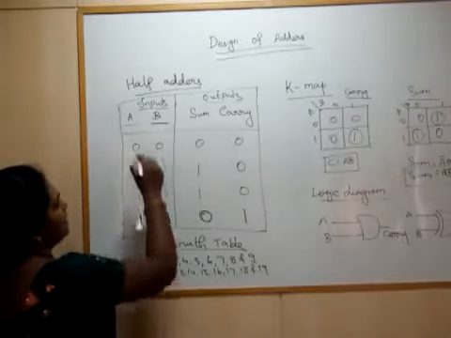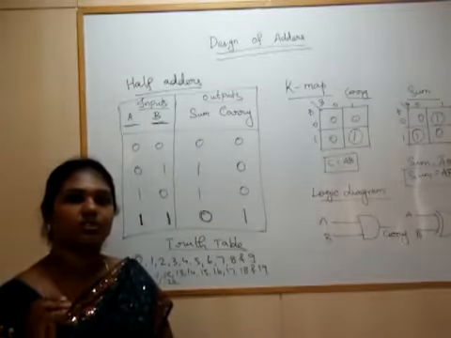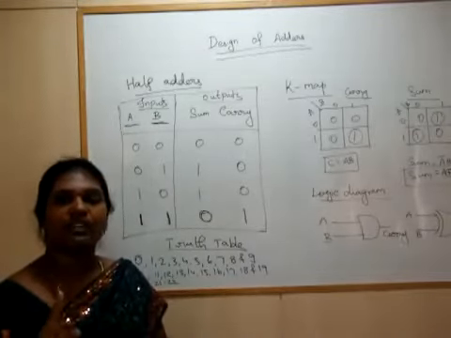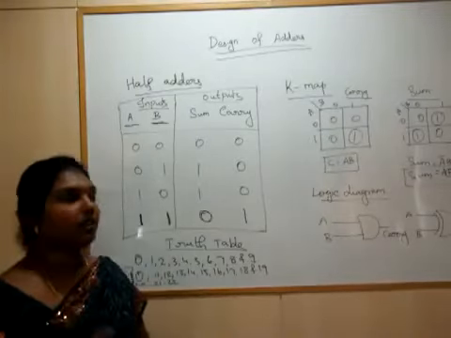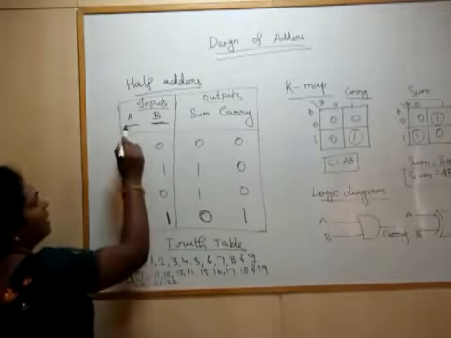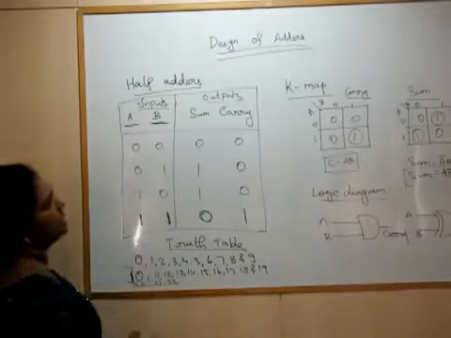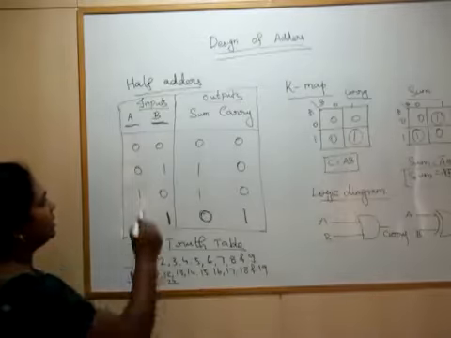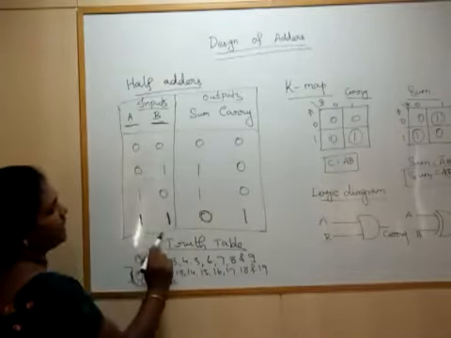For a half adder, there are only two inputs: the augend bit, which I name variable A, and the addend bit, which I name B.